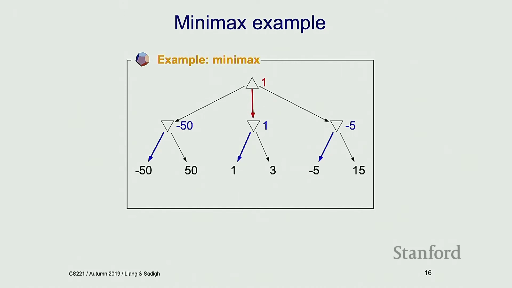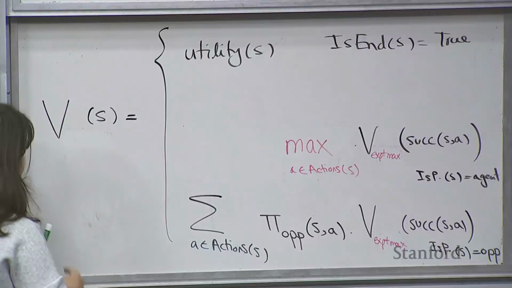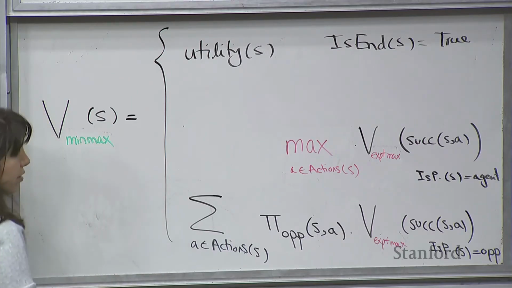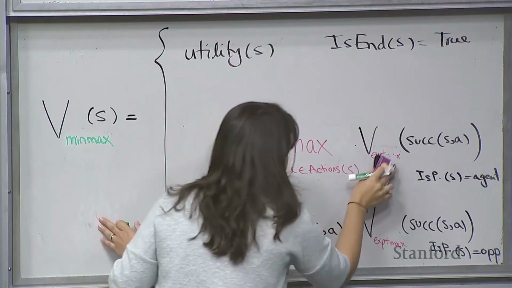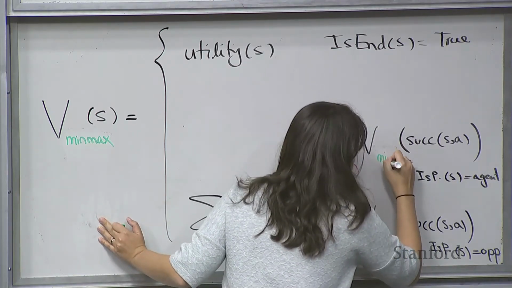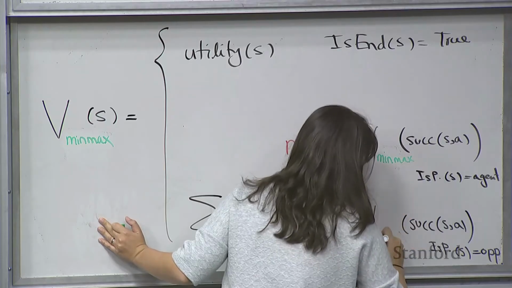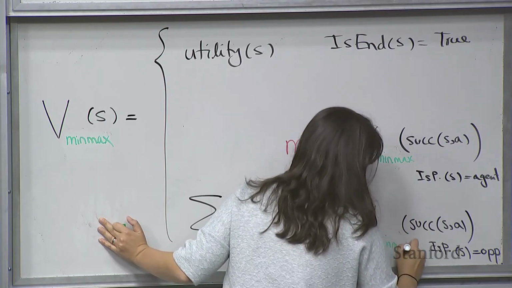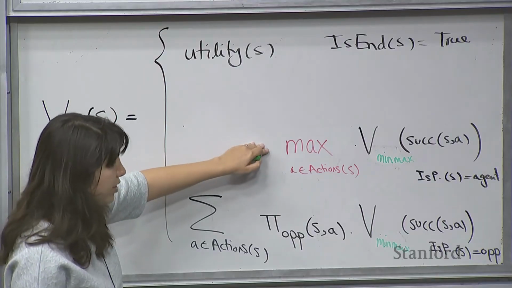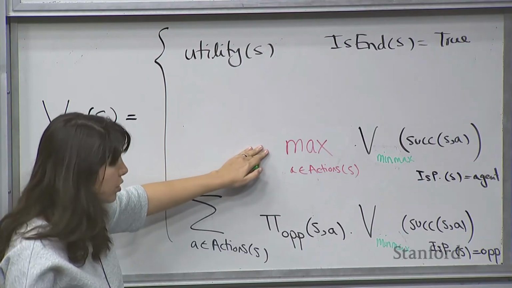So how would I change my recurrence if I were to play minimax? Let's look at V of minimax of a state. The recurrence is going to be over minimax, so V of minimax. Let me change that. If the agent is playing, the agent is still trying to maximize the value. So that is all good.